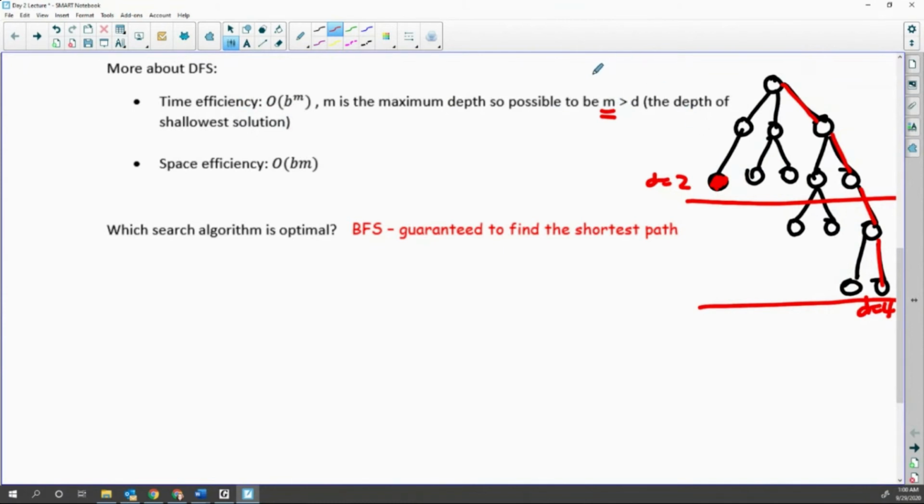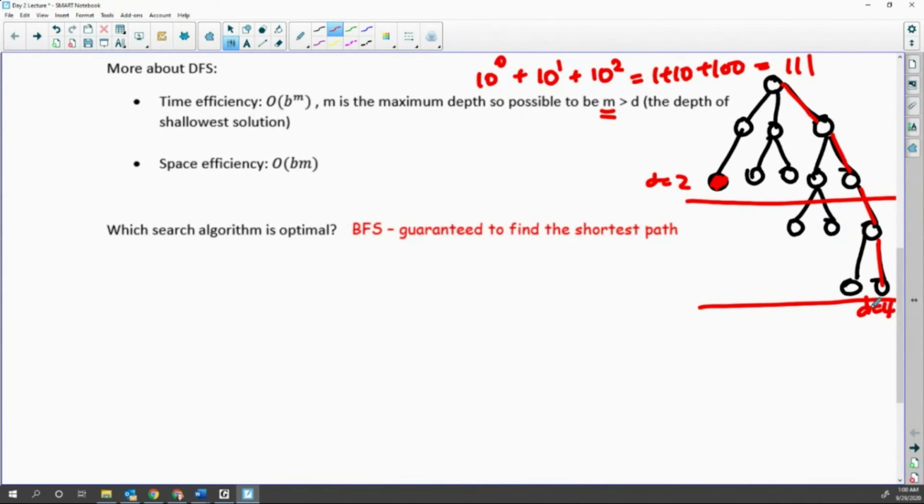When we have a branch factor of 10 and depth is 2, we can just explore this much. That means 1 plus 10 plus 100. So about 111, or 110 if we do not count the initial one.